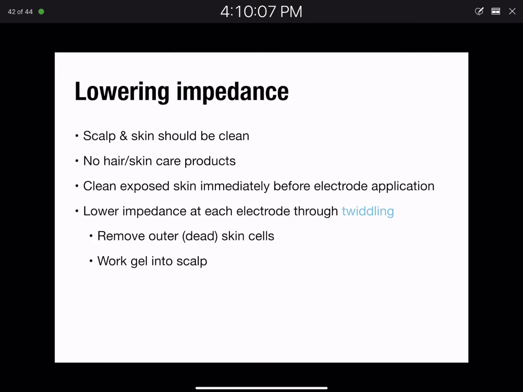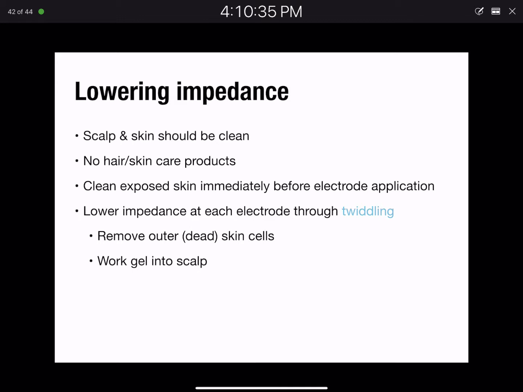So to lower impedance, I've talked a lot about the importance of it. The physical act of doing it is put the gel in, put the electrode in, rub the gel around. I meant to bring caps today, but you'll see the caps eventually. You imagine the cap basically has a plastic ring that's hollow that you plug the electrode into, or the electrode's sewn into it, and it's got a hole for the gel to go in.